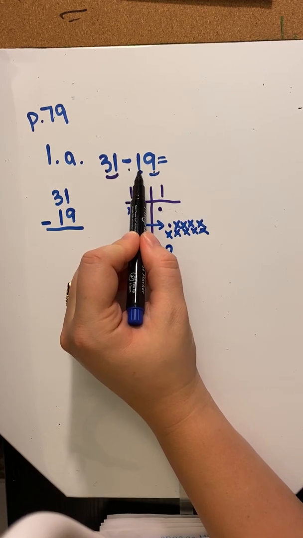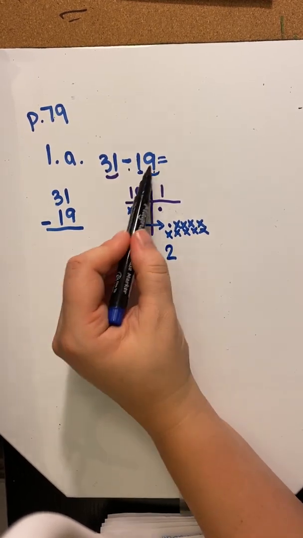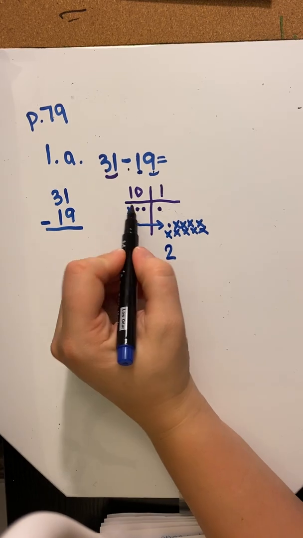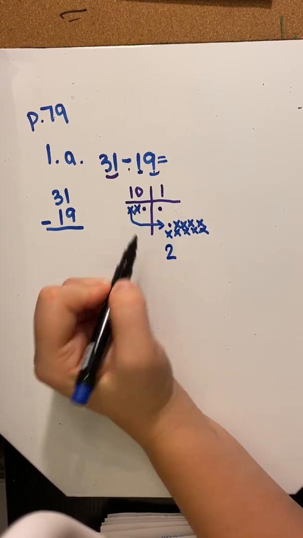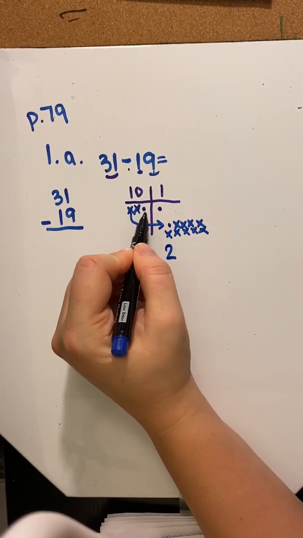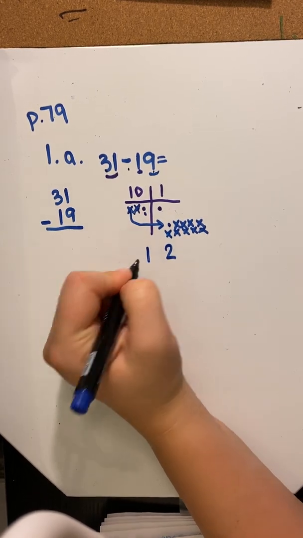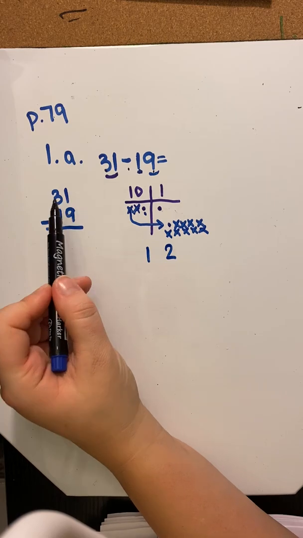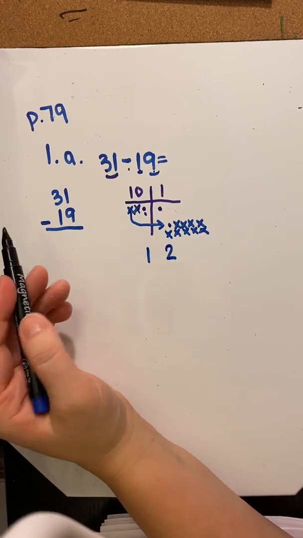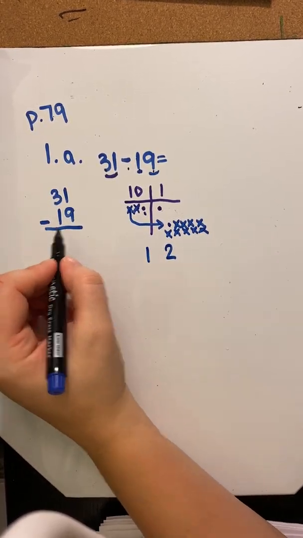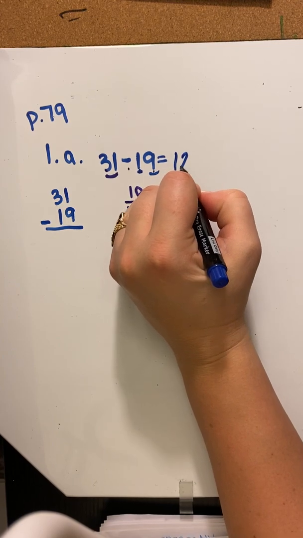And so now on the 10 side, we need to take away this 10. So we are going to take this away. So now we have only 1 ten left. Okay, so 31 minus 19 is 12.